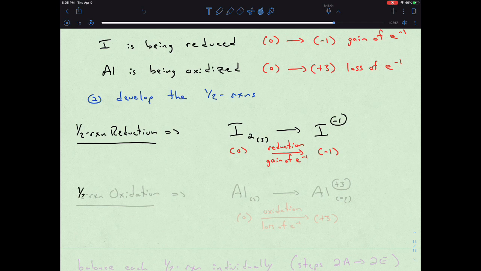And then we also have our half reaction for the oxidation. And so here we're looking at the aluminum going to aluminum +3. Oxidation number being 0 for aluminum solid, +3 for the charged aluminum, and that is an oxidation or loss of electrons.